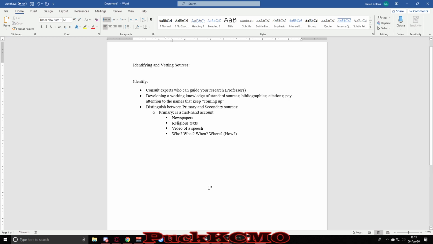Most of our news these days, most of our journalism, is not going to be just these facts. They're going to try and interpret some of it for us. That's what they do. So the how is always the optional one, but if you're looking at a primary text, you want to know who, what, when, and where, right? That's the information you need.